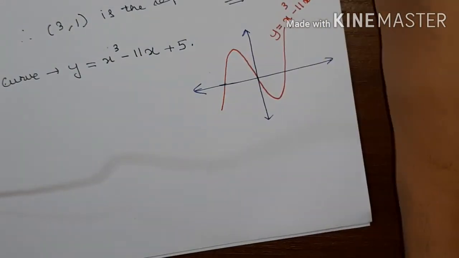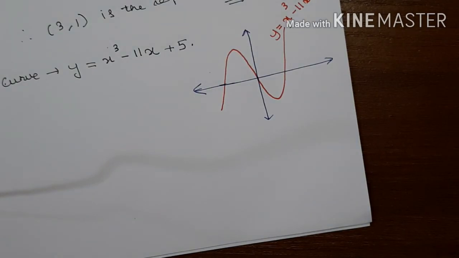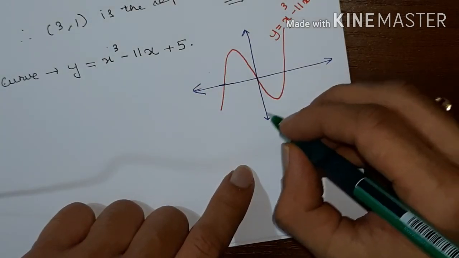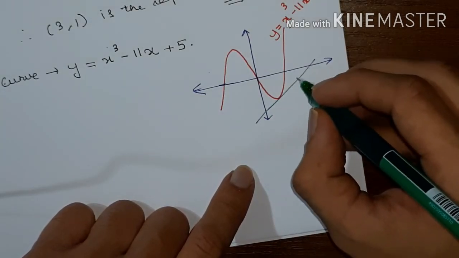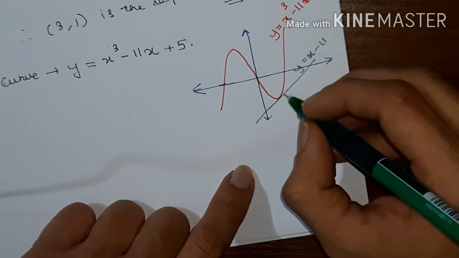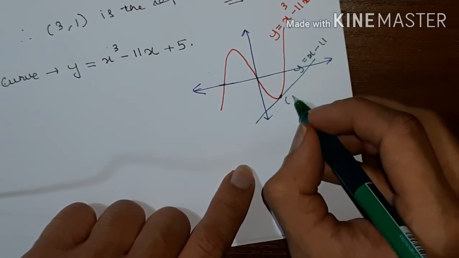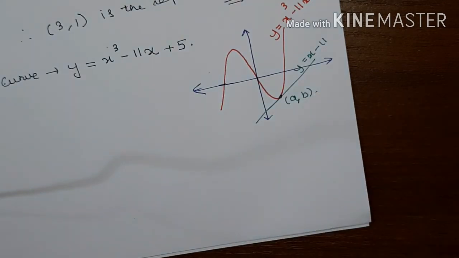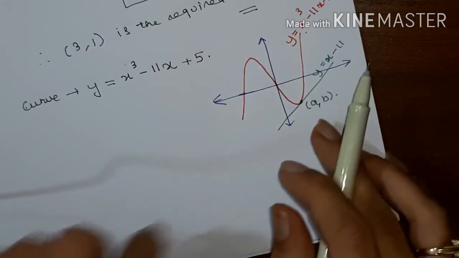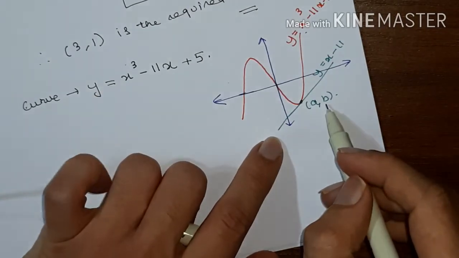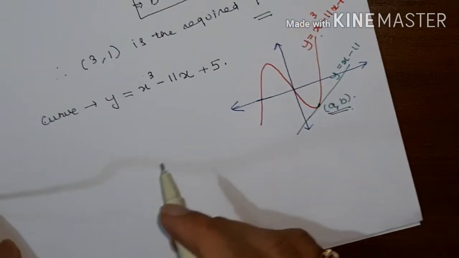Now what we have to find is the point at which the tangent is y equal to x minus 11. Suppose this is the tangent here. So we have to find this point, that is a comma b. This is the tangent at the point a comma b.